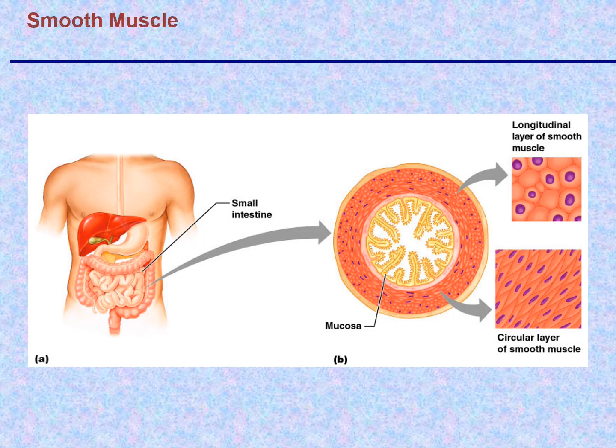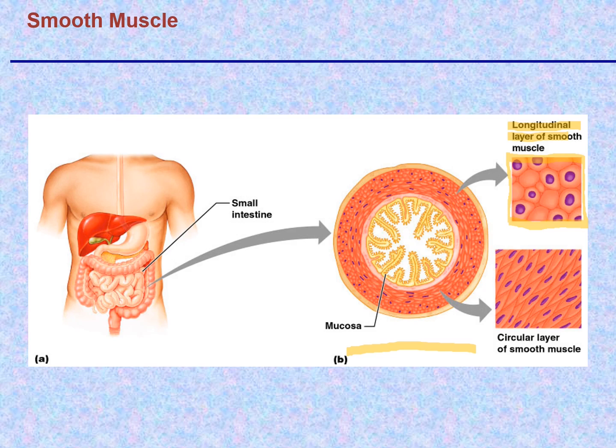Here you see an example of a cross-section through the gastrointestinal tract, and you see the 2 layers. The outer layer, because it's a cross-section, this is the longitudinal layer. So you see it in cross-section when the tube is cut in cross-section. These smooth muscle cells shown here in this drawing are cut in cross-section, and their lengthwise appearance is in the inner layer.